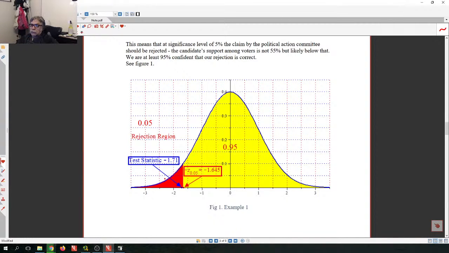The claim that 55% of the population of voters in the district support this political candidate is false. And I'm at least 95% sure that it is false, because the level of significance of the test is 5%.